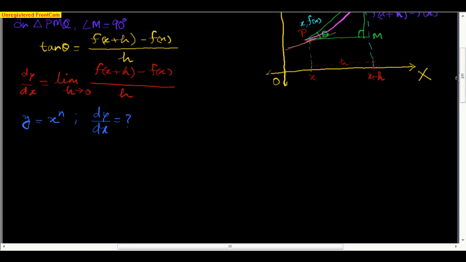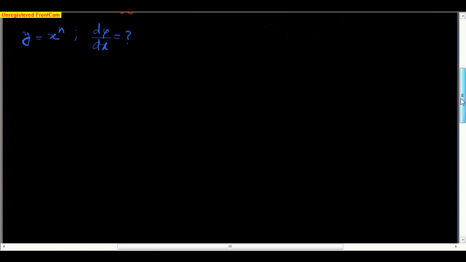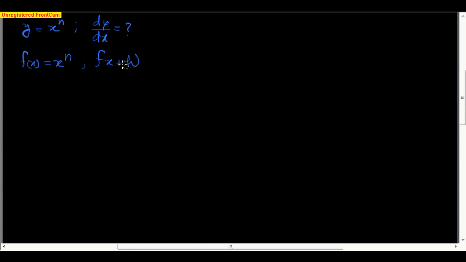So how will we get the dy dx of this? I will explain. See here, y is equal to f of x. So f of x is equal to x power n. Therefore f of x plus h is equal to x plus h whole power n.